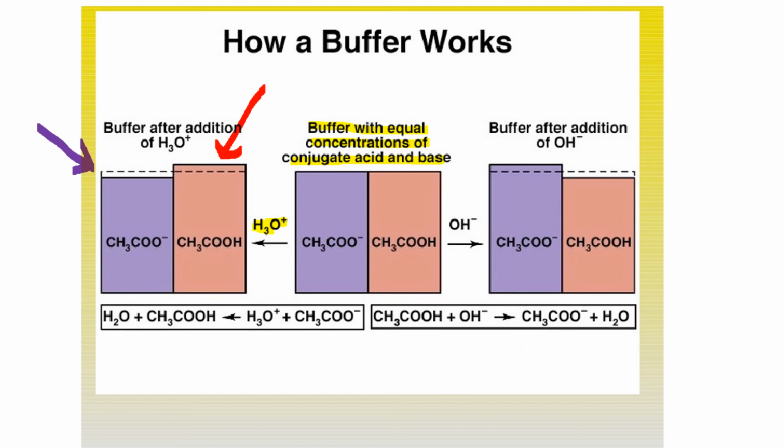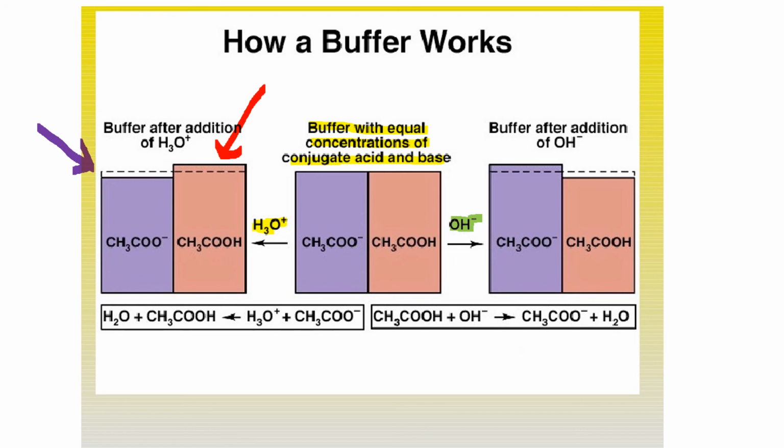If we look at the right-hand side of the diagram, what happens if we add hydroxide ion as we go to the right and add OH-? Well, if we start adding hydroxide ion, what's going to happen? The pH could potentially go up, and go up quite a bit, and that could be a problem. We want to prevent that.